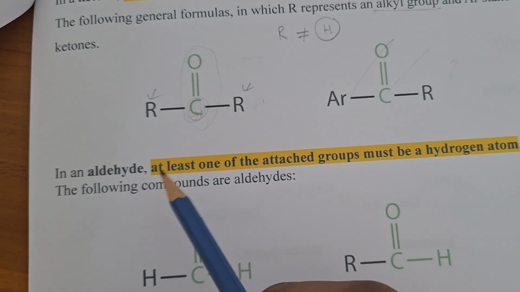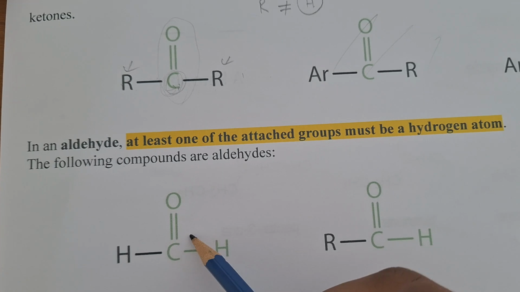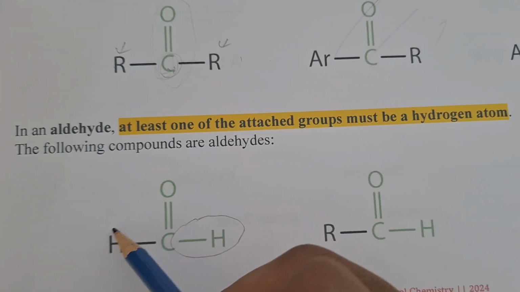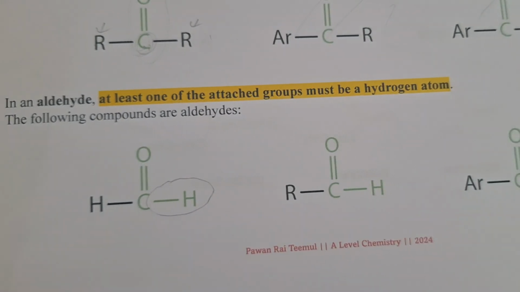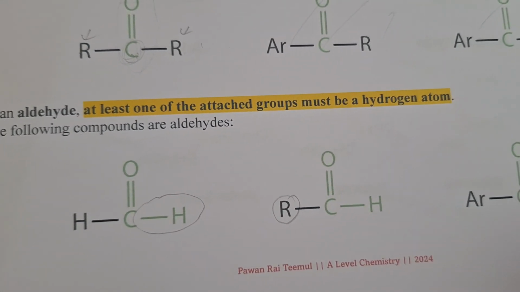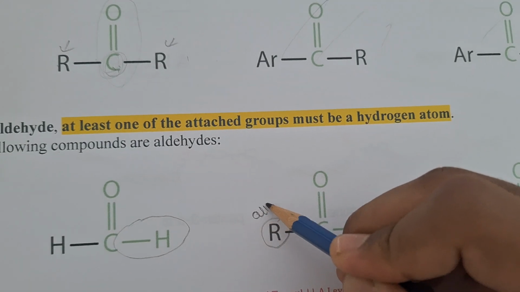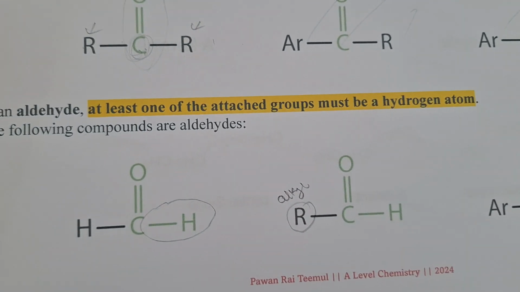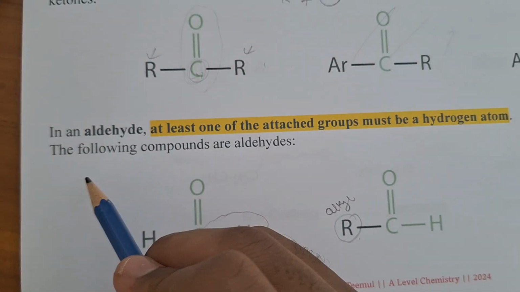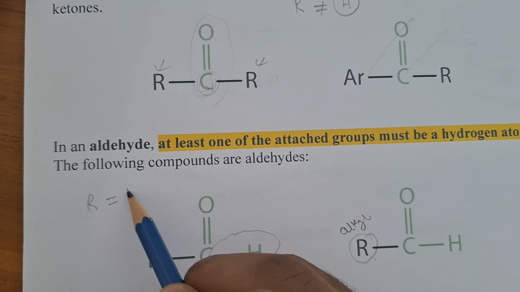In an aldehyde, at least one of the attached groups must be a hydrogen atom, and the other can be an alkyl group. At least one hydrogen means the other group can also be a hydrogen.